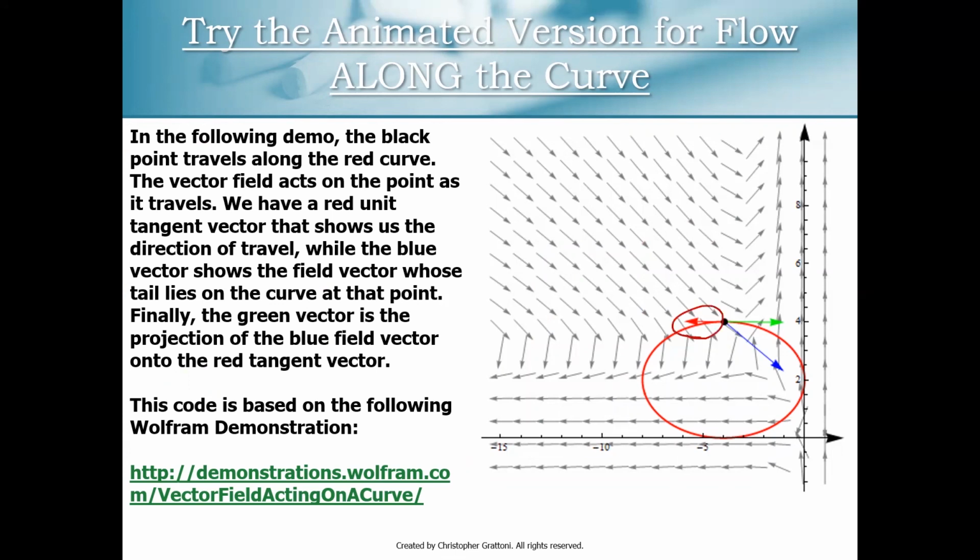We could follow our tangent vectors as we progress along a curve, look at the normal and tangent components of the field vectors, and see what's happening as we go along that curve. Feel free to go to demonstrations.wolfram.com and look at the demo called Vector Field Acting on a Curve. Or you could go on Schoology, where I have my own version that I've created for you where I just changed the equations to match the example that I was showing you.